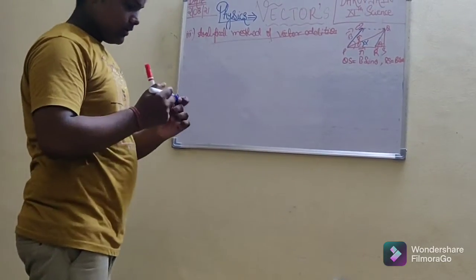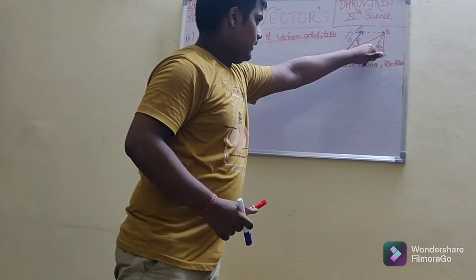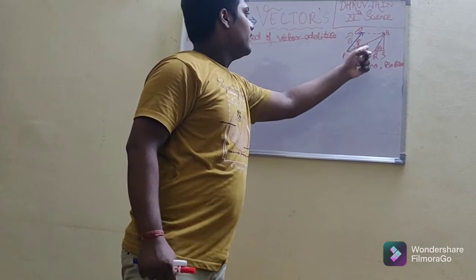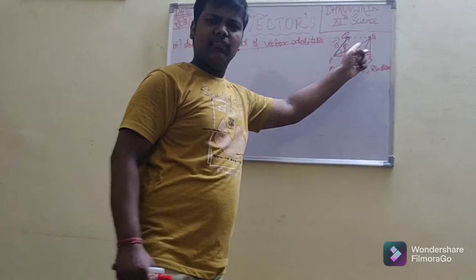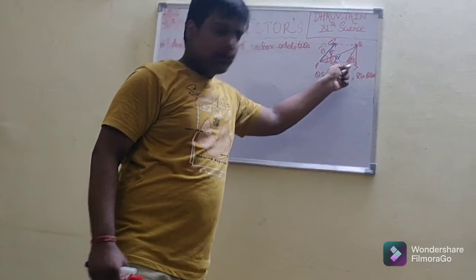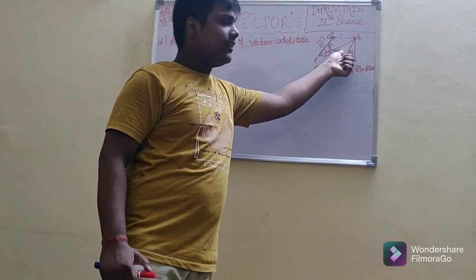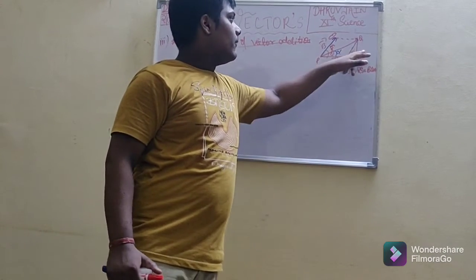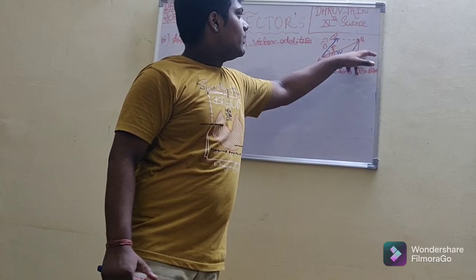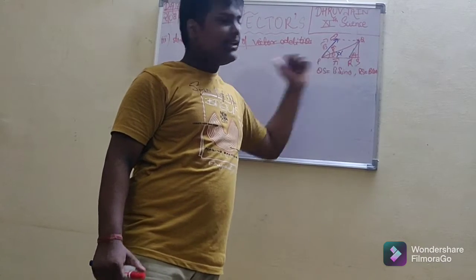See, the direction will be alpha, the angle from vector A. So we have to find out this value of alpha, and how can we find it? By applying tan alpha, which equals QS by PS.